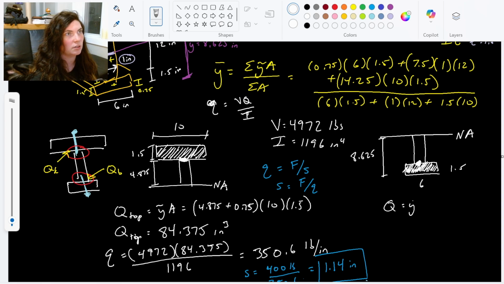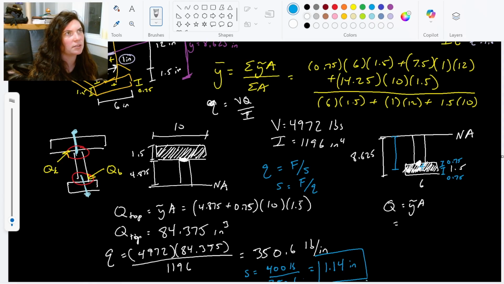So Q, y tilde times A. Our y tilde, it's at this 0.75. So that's 0.75 away from this 8.625. So this distance here is 8.625 minus that 0.75, which is 7.75? Is that right?